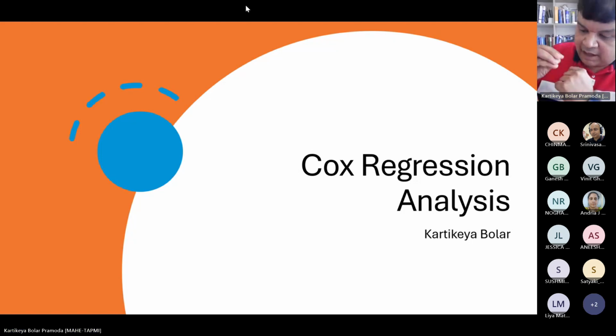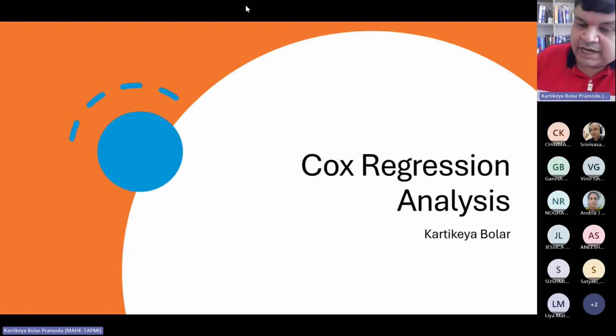And why is it a longitudinal study? Because over a period of time, you would be expecting somebody to leave the organization, or somebody to leave the services, or somebody to reach the death state, right? So there is a state which comes into picture, and there is a time taken to reach that state.